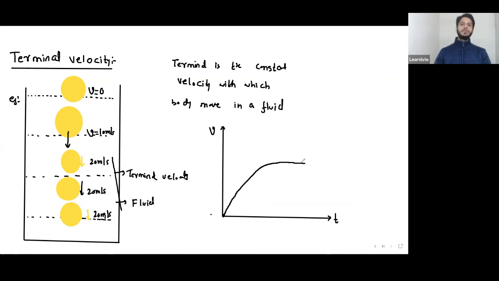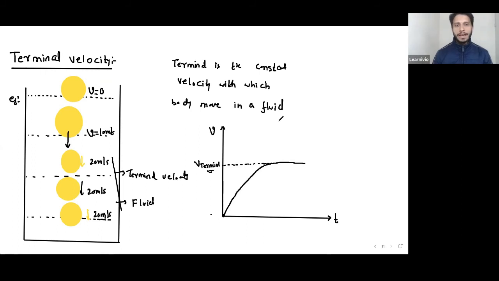This constant value is what we call terminal velocity, V terminal.